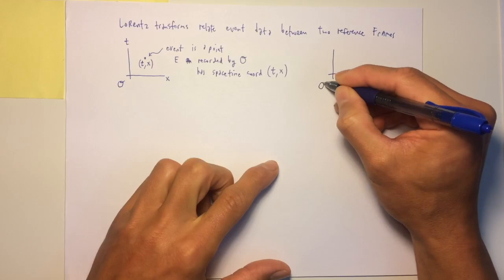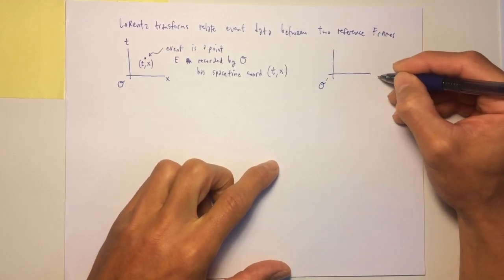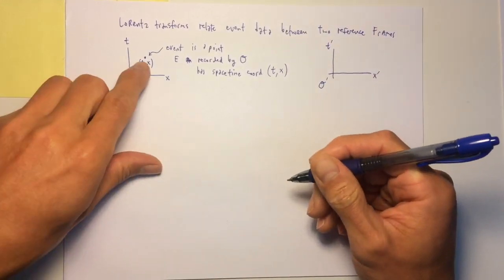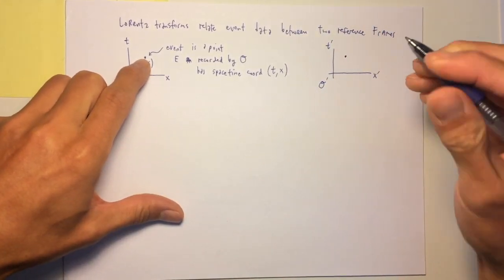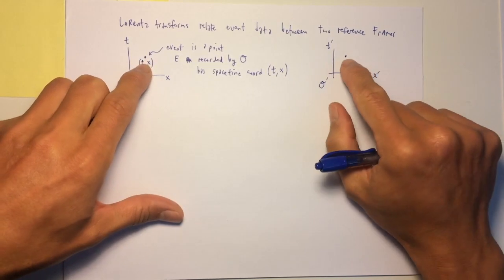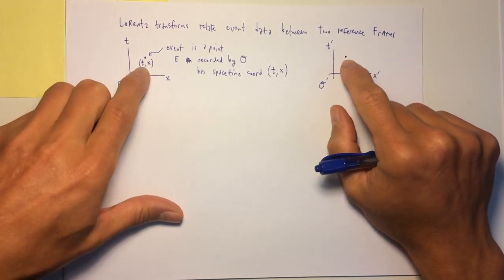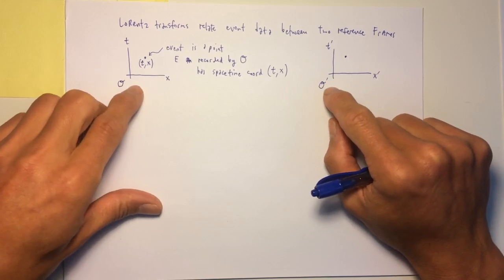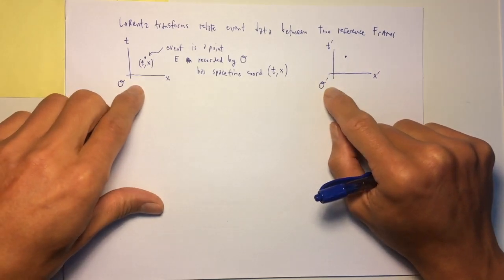And then, for example, O prime has a different coordinate system, x prime, t prime, but this event right here also happens. The event happens regardless of who sees it happen. So I have two different observers that happen to have a relative motion between them.